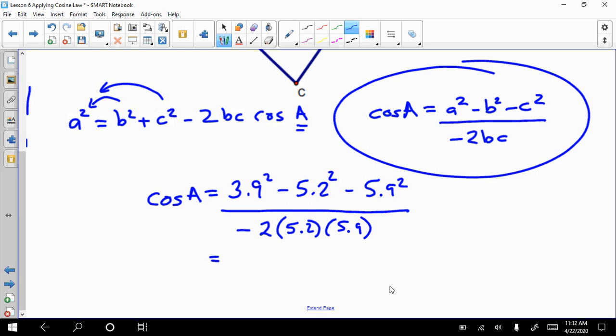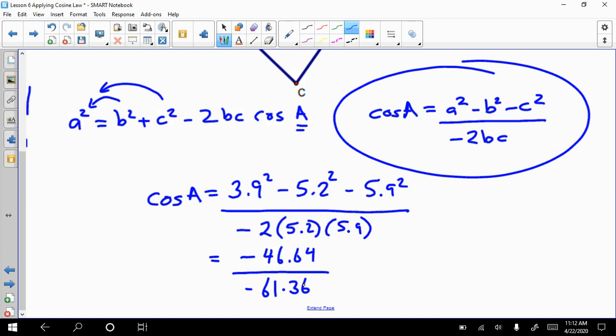So 3.9 squared minus 5.2 squared minus 5.9 squared equals. So up top, we got a negative number, negative 46.64, divided by, and on the bottom, it's negative 2 times 5.2 times 5.9 equals negative 61.36.